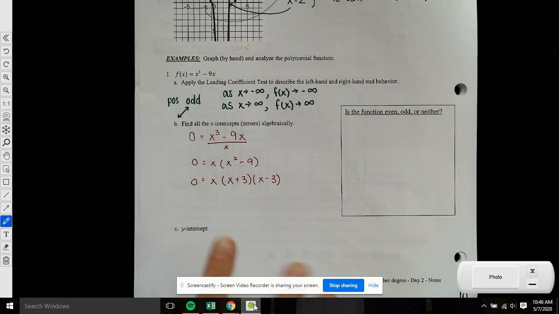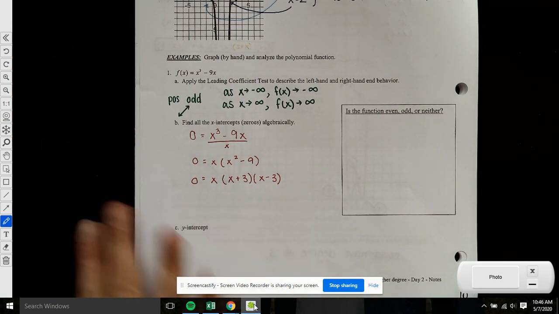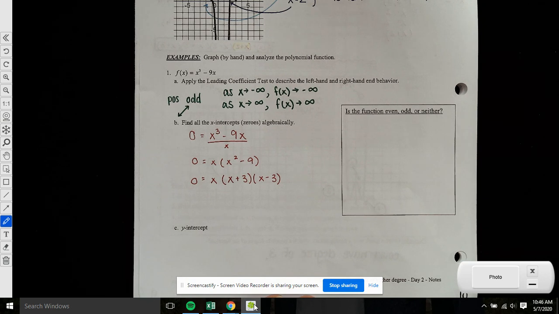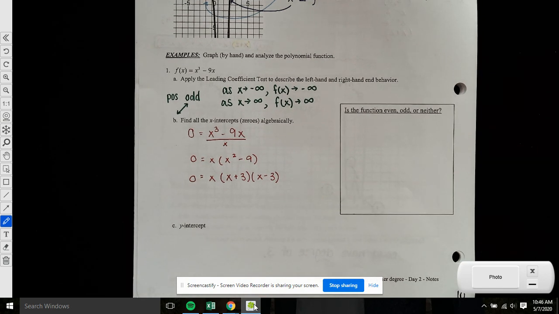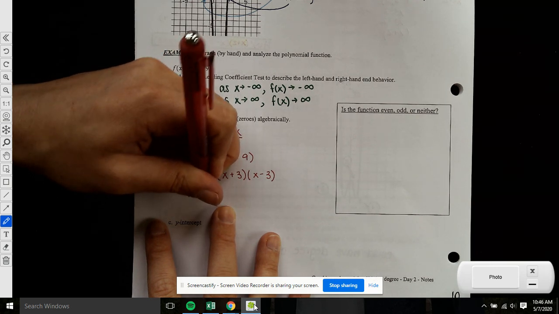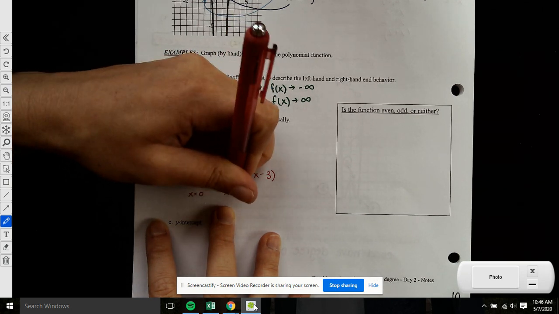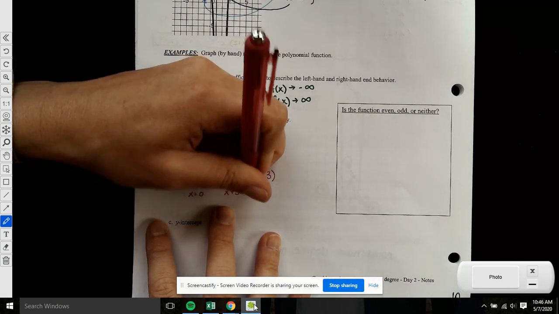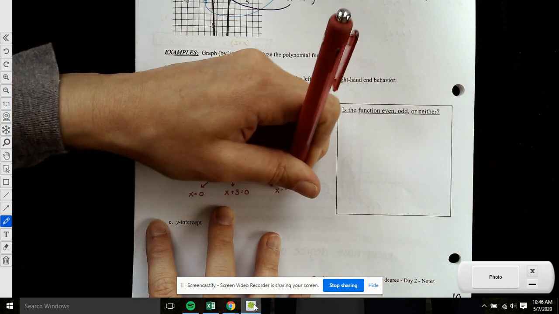Now I can see 3 different factors. I'm not going to have multiplicity on any of them because I don't see multiples of any of the factors. So I have x equals 0, x plus 3 equals 0, and x minus 3 equals 0.